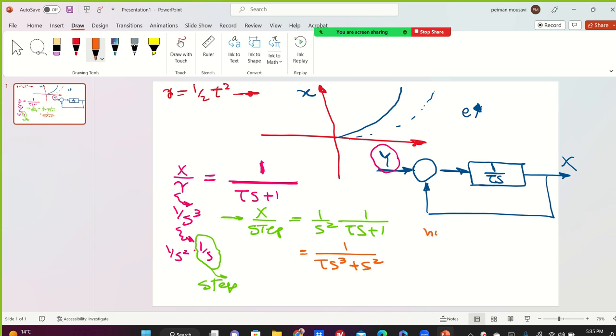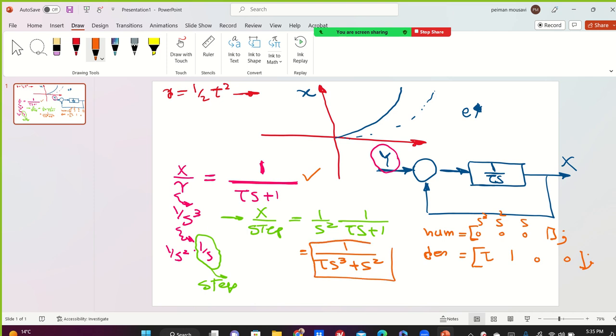So when you go to MATLAB, the numerator, but the third order, is going to be 0, 0, 0, 1. This is for s cubed, s squared, s, 1. For the denominator, you're going to have tau, 1, 0, and 0. See, we changed this to this transfer function, but with the step input.